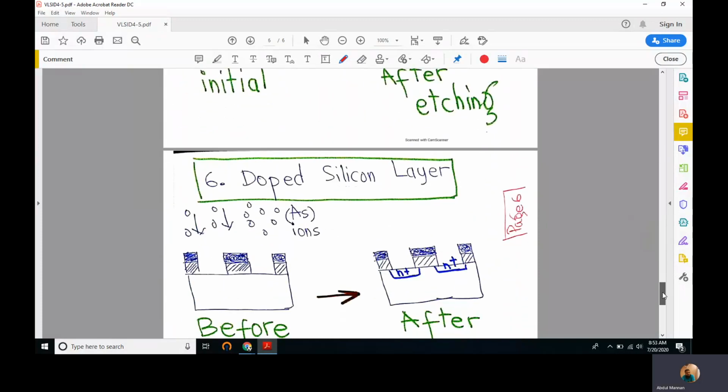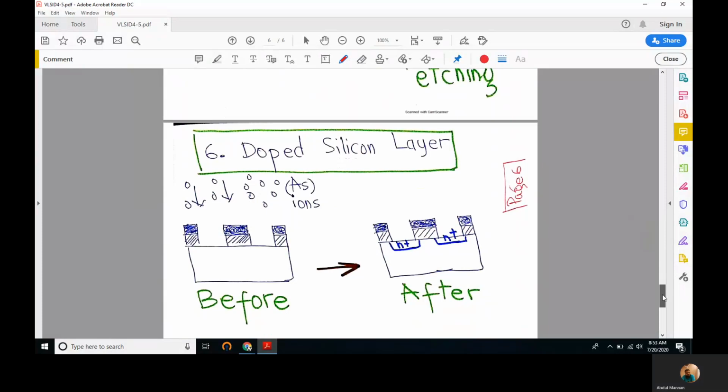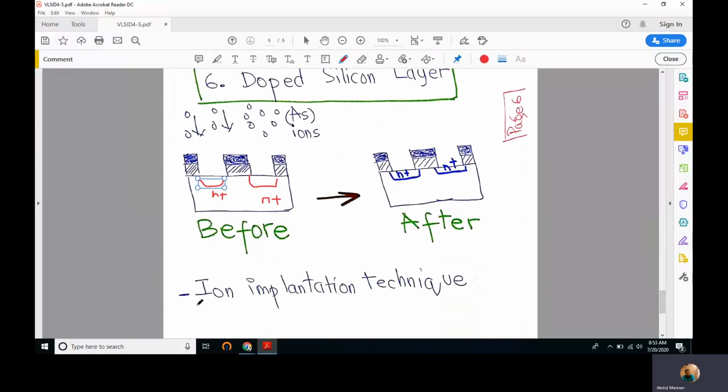Finally, we can convert part of these into doped silicon layers. For example, you want to implement an n plus here, n plus here, or an n plus here. How can we do that? We can do that using the ion implantation technique we studied in the last lecture.